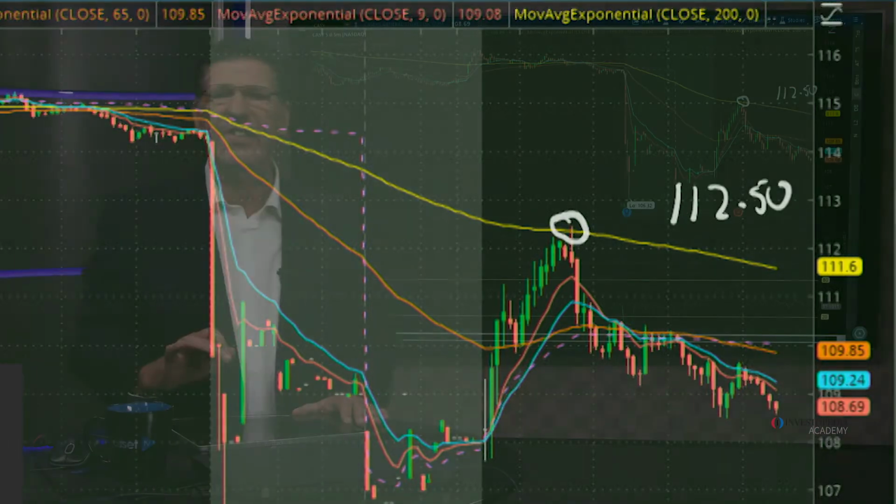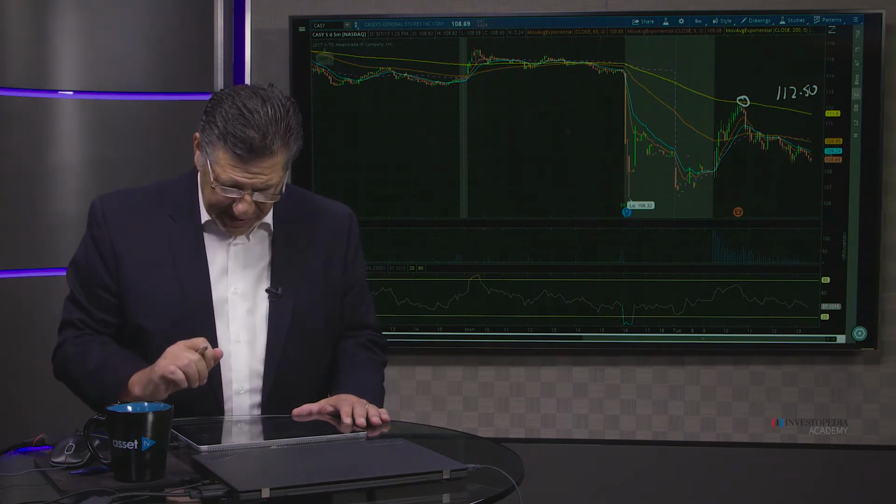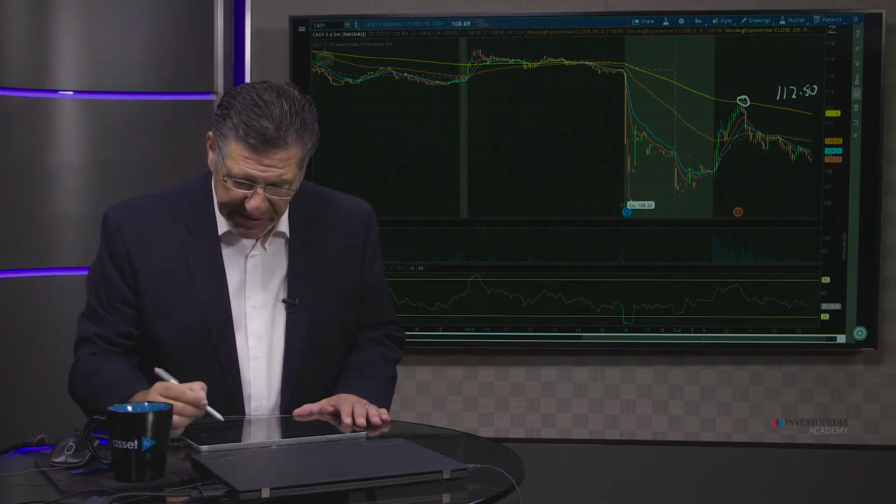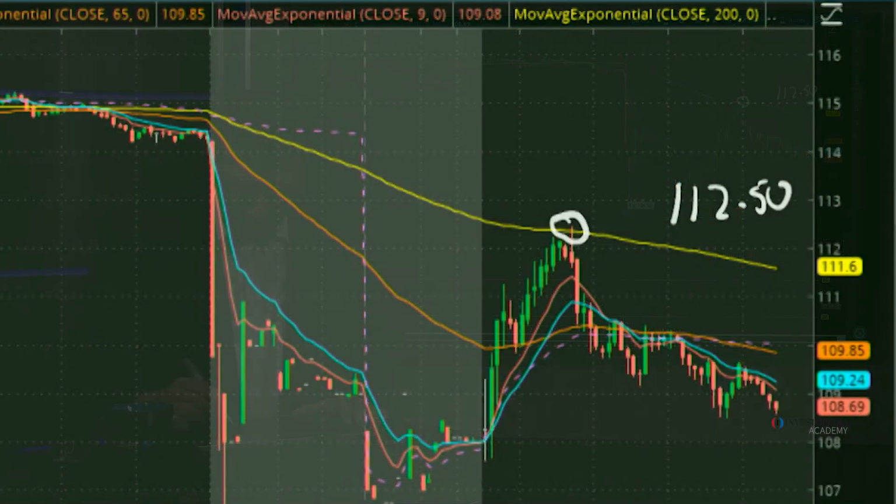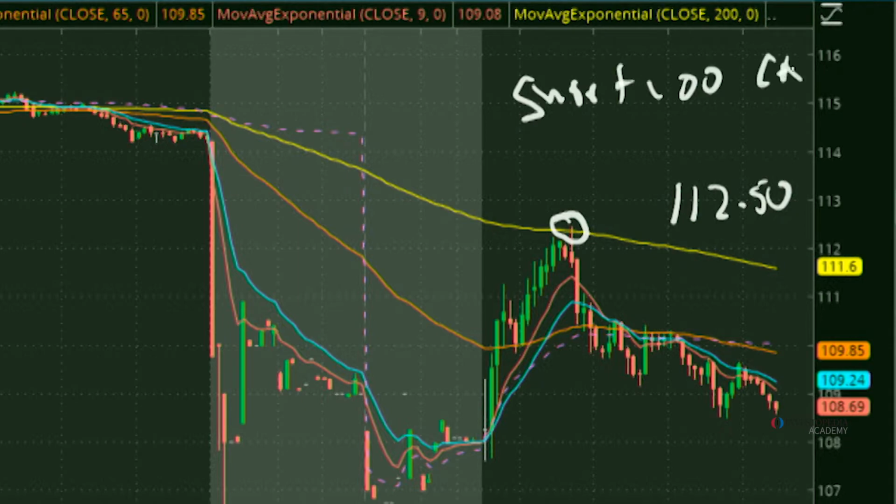As we're watching this stock go up, hey guys, ladies and gentlemen, we're watching Casey. It looks like it's going to hit our 200 EMA. Let's get a limit order out there to sell the stock short when it hits our 200 EMA. Stock goes up, hits our level. We are now short 100 shares of CASY at $112.50.